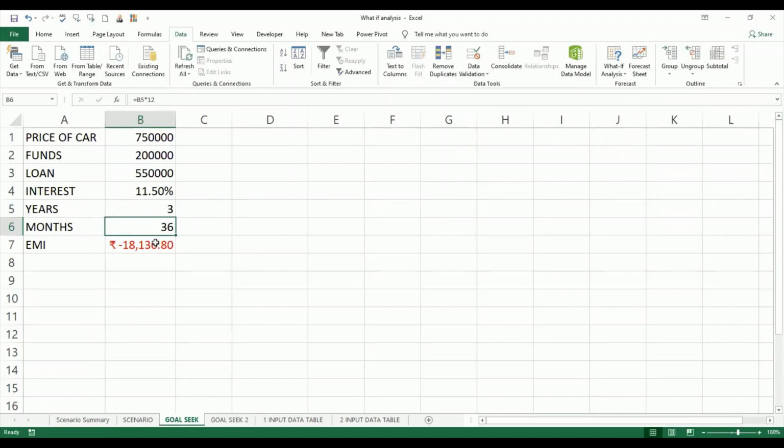So I purposely create this months column, which is B5 into 12. My years into 12, so I get months. And the EMI calculation is based on a PMT formula. There's a very famous formula known as PMT in Excel to calculate EMIs.